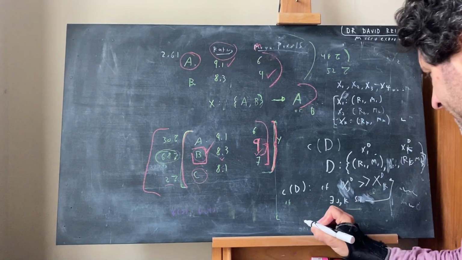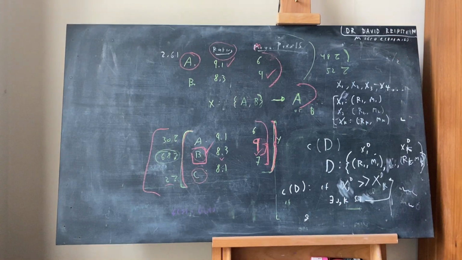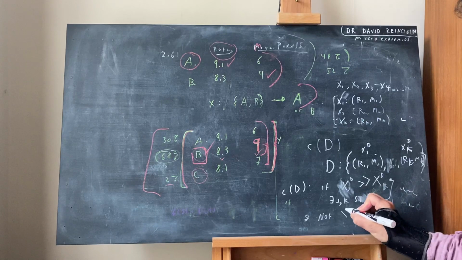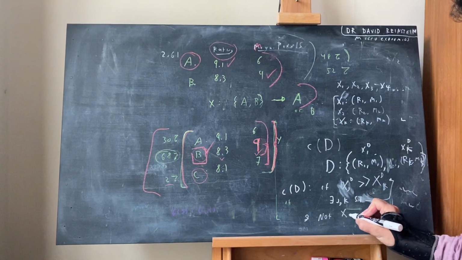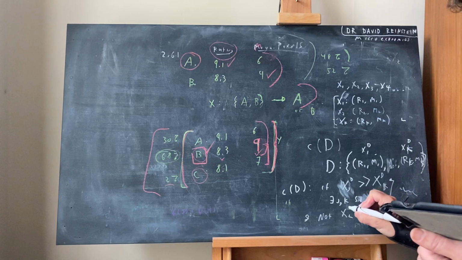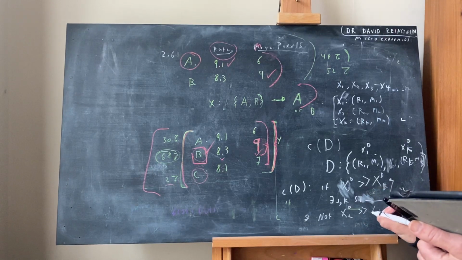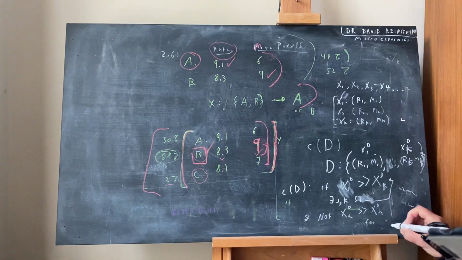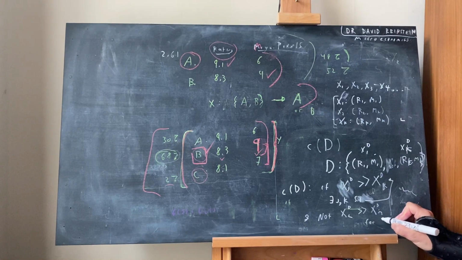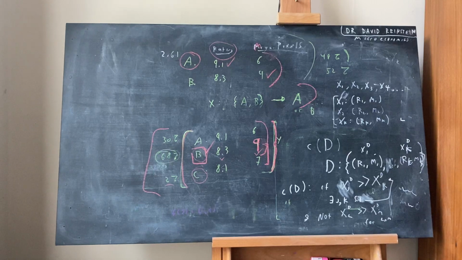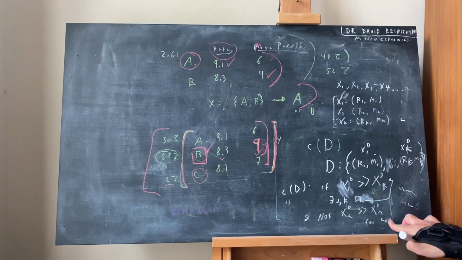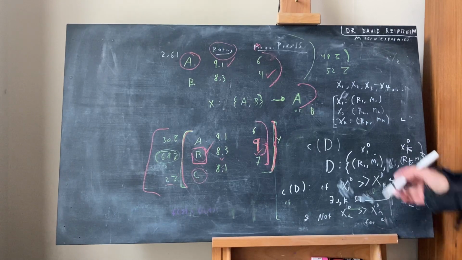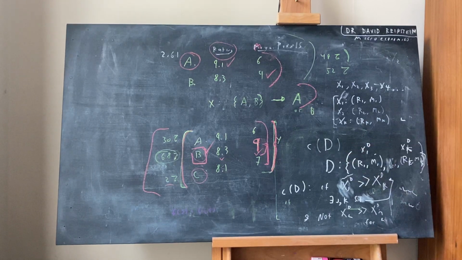I would say something like, and not XL dominates XM for, well, let's just say for L, because it doesn't matter if the first element dominates more than one element.